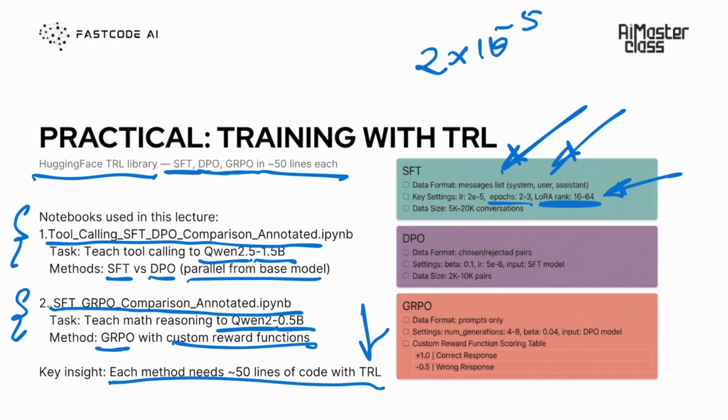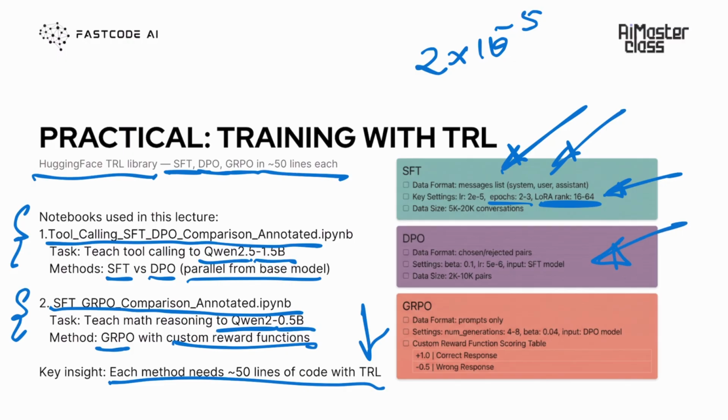You would also use something called LoRA with a rank of 16 to 64. I'll talk about LoRA later, or maybe just point you to the rabbit hole section. LoRA is low rank approximation. We create these low rank approximations and add them to the layers, and don't train all the parameters, just those LoRA parameters.